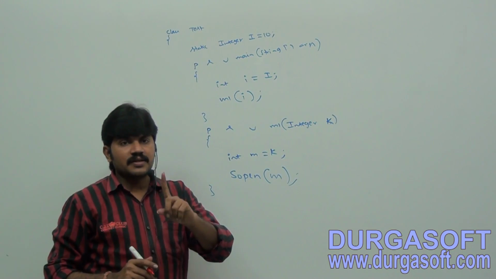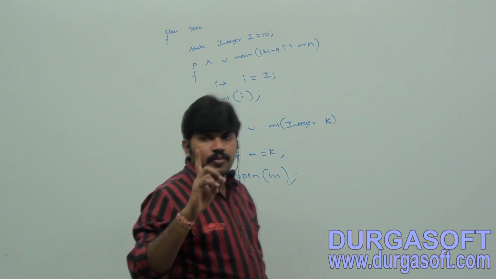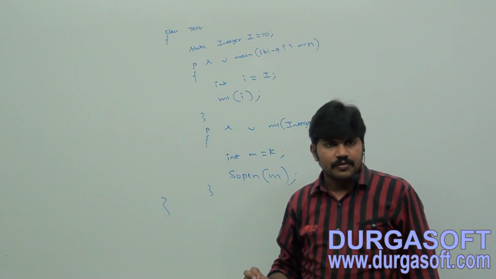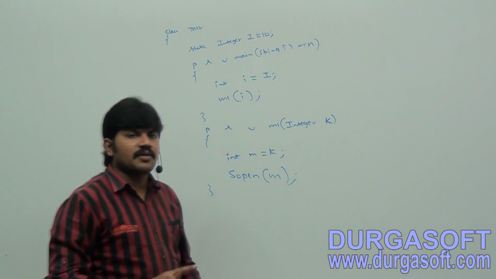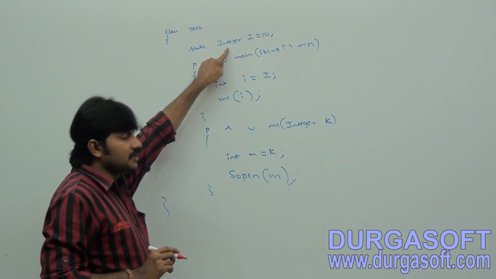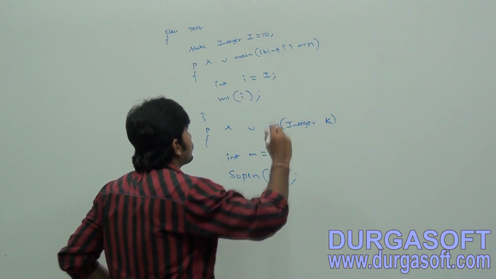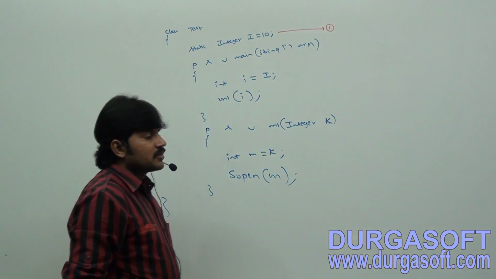Yes, perfectly valid. In the 1.5 version it is perfectly valid, because in the place of a wrapper object you can provide a primitive, and in the place of a primitive we can provide a wrapper object. If any conversion is required, the compiler is going to take care. Now static Integer I is equal to 10. Can you tell which conversion will be performed here?